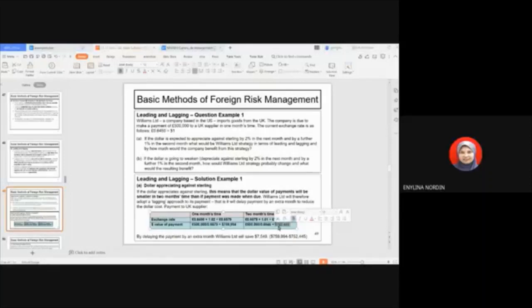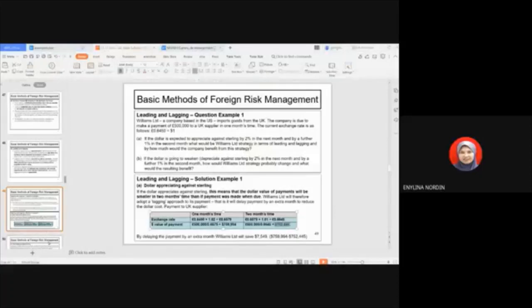So it becomes cheaper for the US company. That's why the US company prefers to delay, to lag, the payment. This is what we call the lagging strategy. By delaying the payment by one more month, the US company will save $7,559, which is the difference between this amount and this amount.